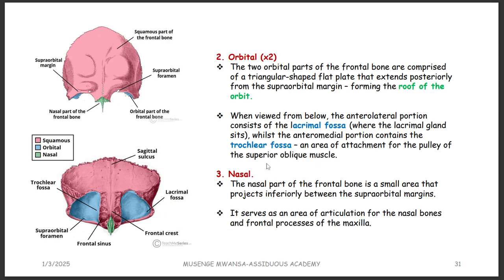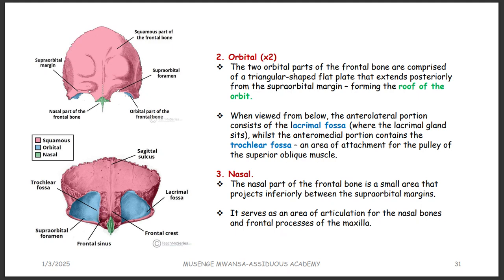Another prominent thing that you need to know is in front, but on the medial aspect. The lacrimal gland is on the lateral aspect. On the medial aspect, you're going to find what we call the trochlear fossa. It's on the middle aspect here.